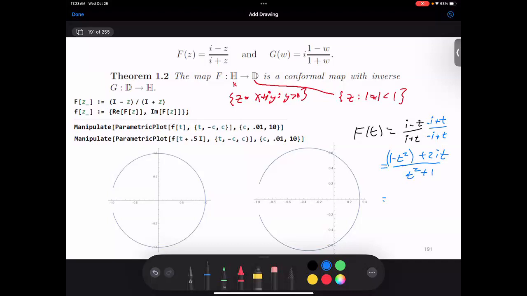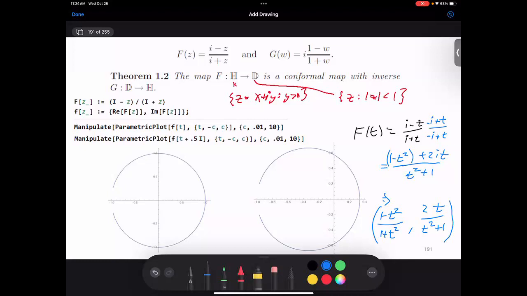So it should be 1 minus t squared over 1 plus t squared, and then 2it over t squared plus 1. If you look at this, I claim that this is going to be a point on the unit circle.